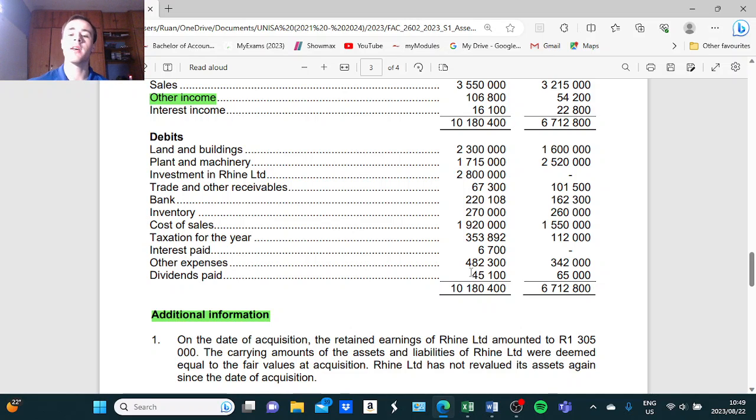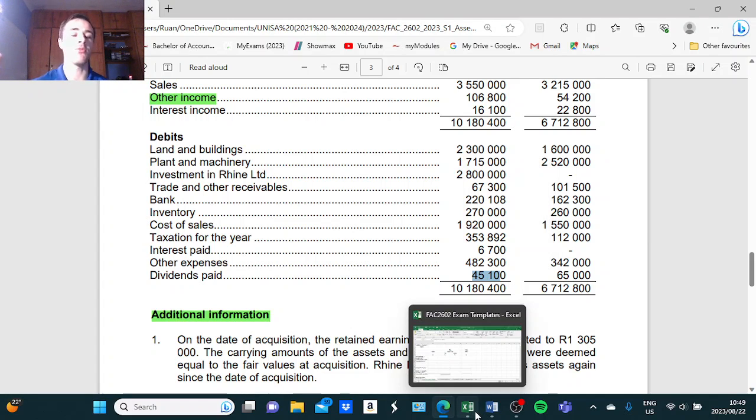Remember also that the dividends paid by the parent, 45,100, will be disclosed in full in the consolidated statement of changes in equity in the retained earnings column. Those dividends paid do not include any intergroup portion.